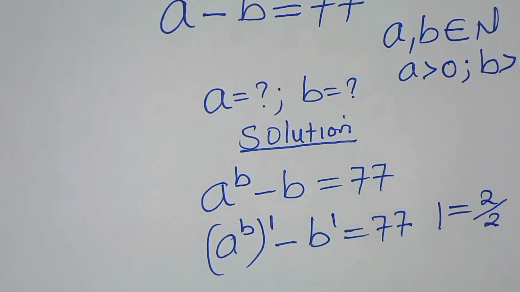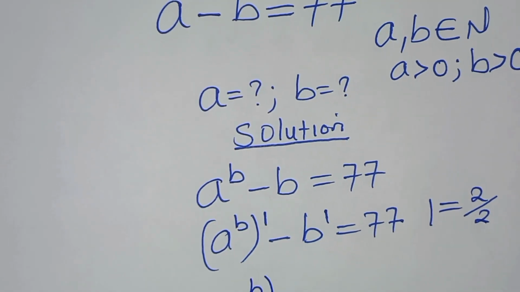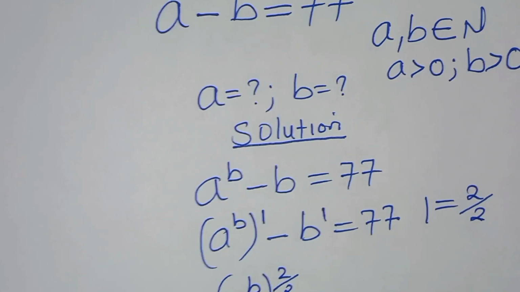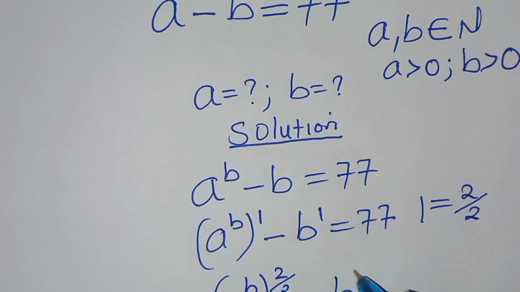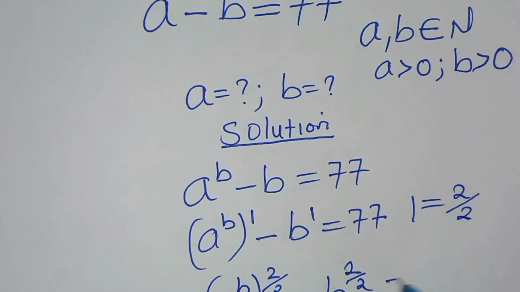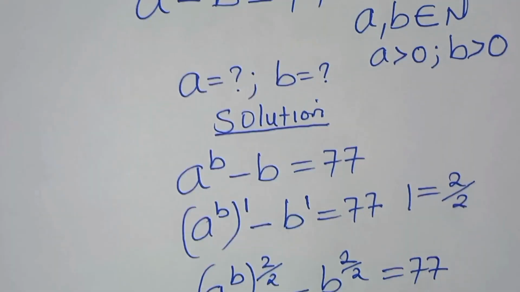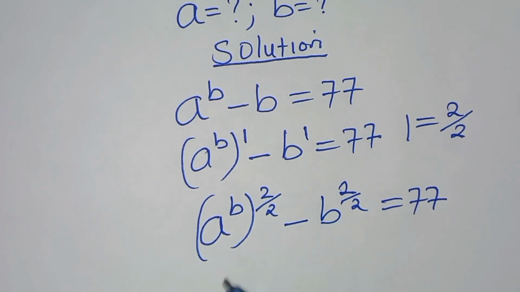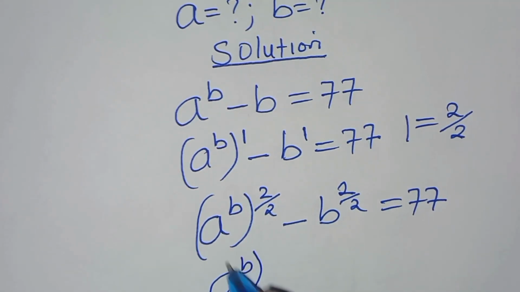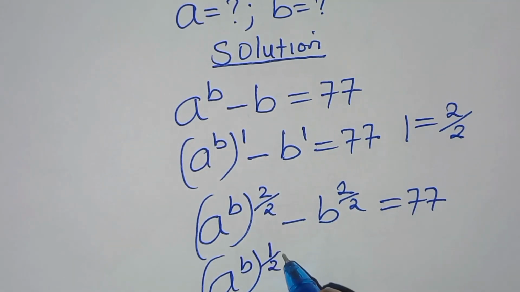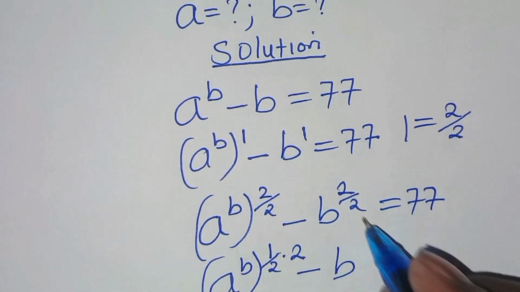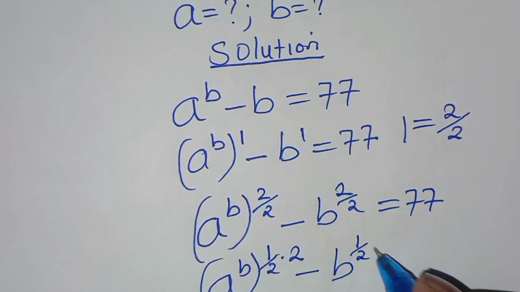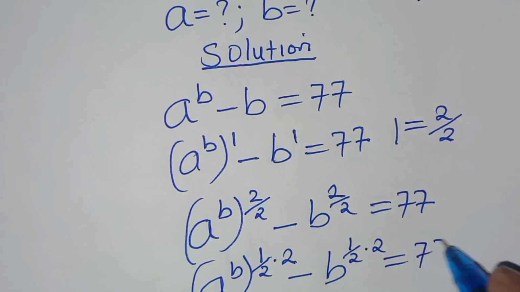So this is the same thing as a to power b raised to power 2 over 2 subtract b raised to power 2 over 2, this is equal to 77. Now 2 over 2 is the same thing as a half times 2, so we can express this as a to power b raised to a half times 2 subtract b raised to a half times 2, this is equal to 77.